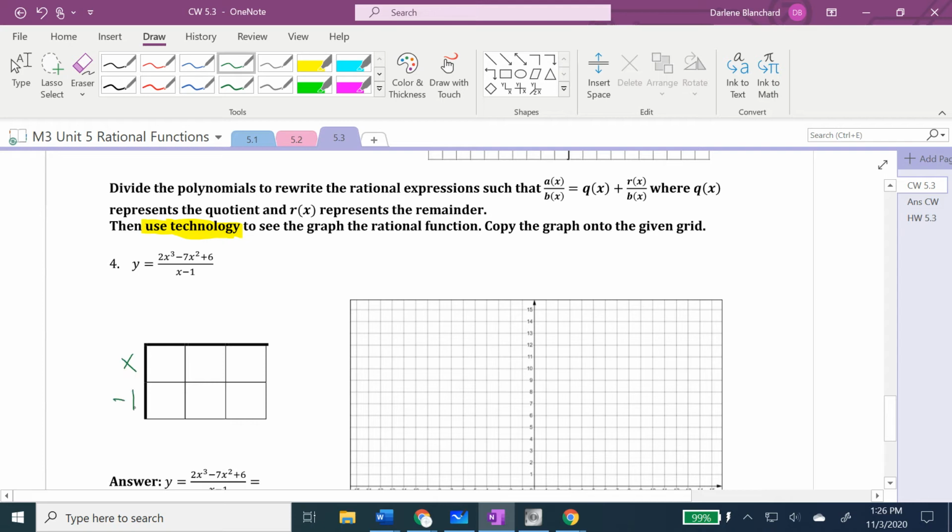We're dividing by x minus 1. We start with 2x to the third power. And then what do we multiply x by to get 2x cubed? Multiply that 2x squared by the -1. And then what do I add to that to get -7x squared?